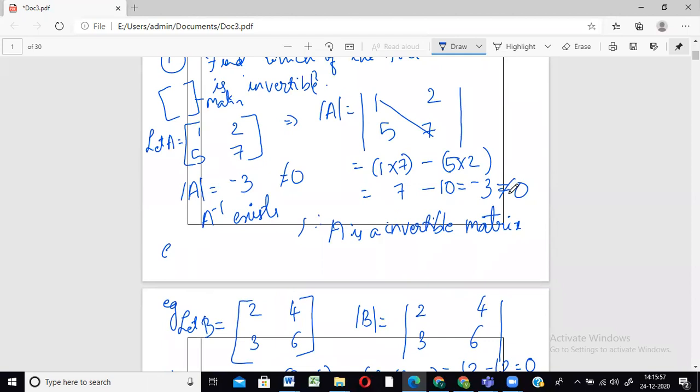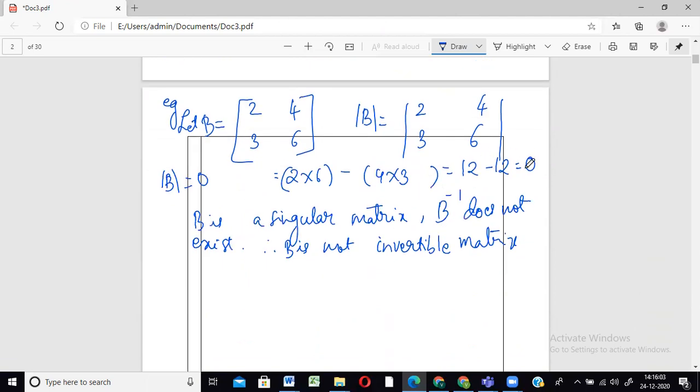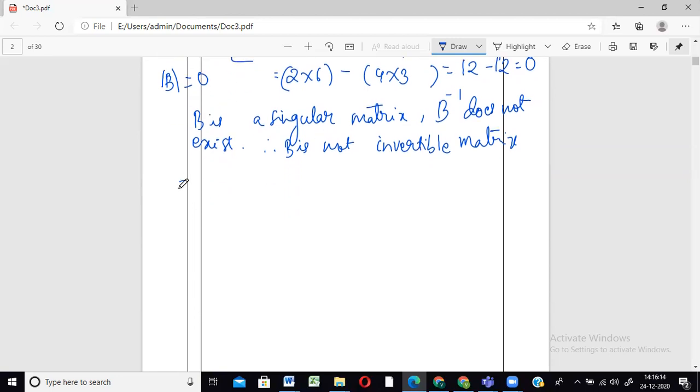Here people may have a confusion. If it is not equal to 0, it is non-singular, and non-singular is invertible. But here it is equal to 0, so it becomes singular, and not invertible. People can get confused sometimes. So if it is not equal to 0, then of course non-singular, and non-singular means it's invertible.